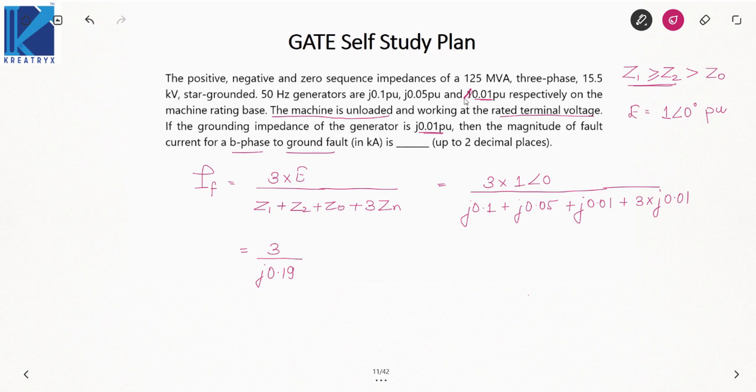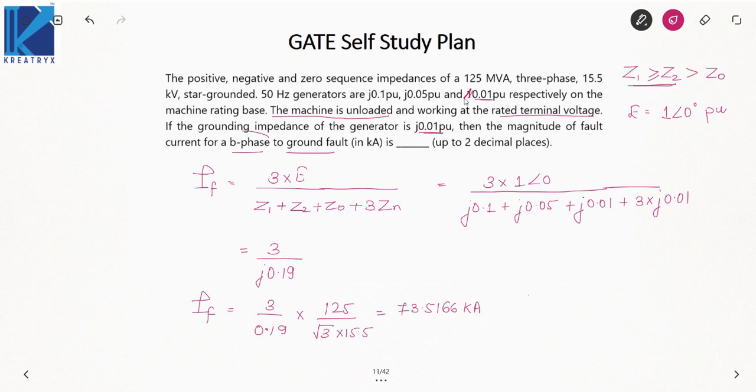Once you get this value, you need the fault current in kiloampere, so we take the magnitude, remove j, and multiply by base current, 125 by root 3 into 15.5. You will get 73.5166 kiloampere. That will be the magnitude of fault current for a line to ground fault.